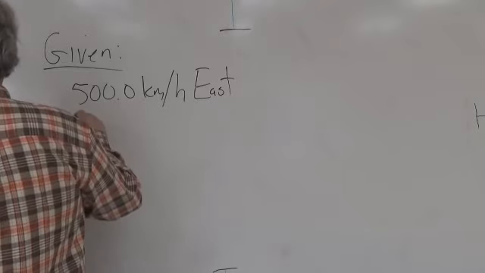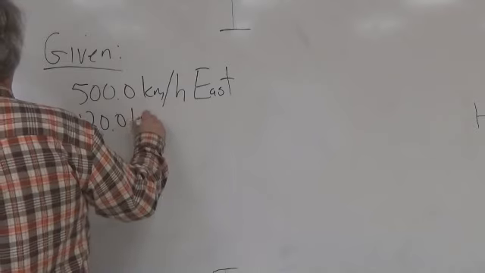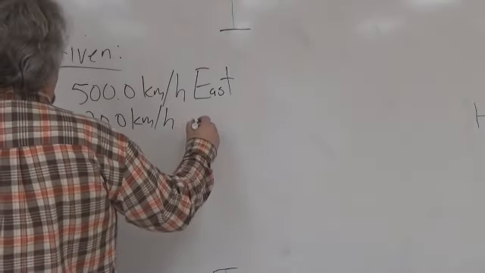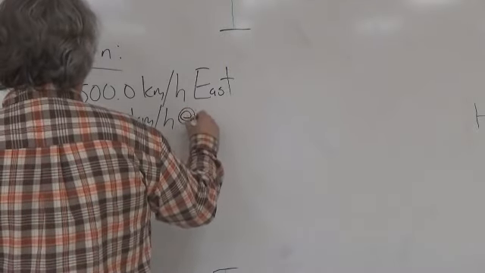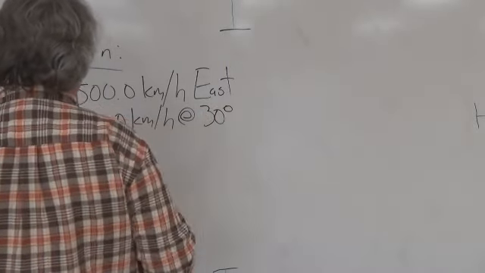So the wind is 120 kilometers per hour, and let's write it right here at 30 degrees. You could put northeast there, but we always go north of east anyway.